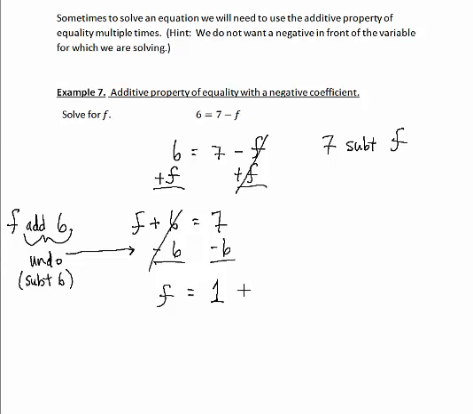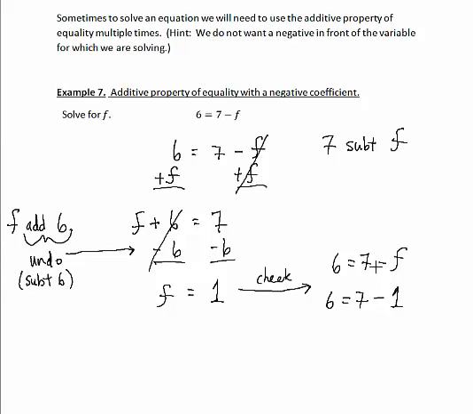Okay. And as usual, we could check our solution. Simply take the original equation, which had the minus or subtract sign in front of the f. Replace the f with a 1, and we're only replacing the f.